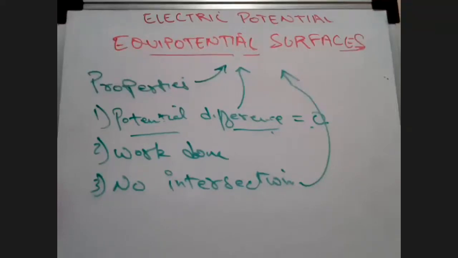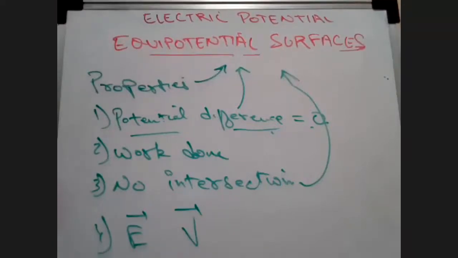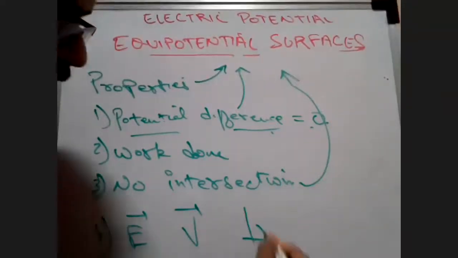Okay, the fourth thing: field lines and equipotential surfaces are always perpendicular. Electric field lines and equipotential surfaces are always going to be perpendicular to each other.